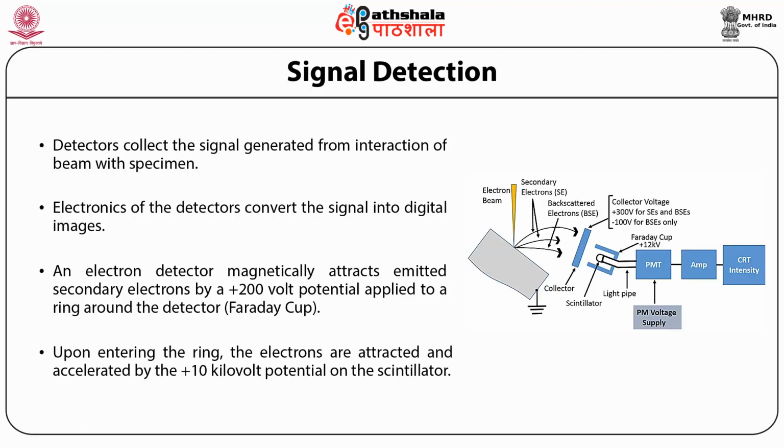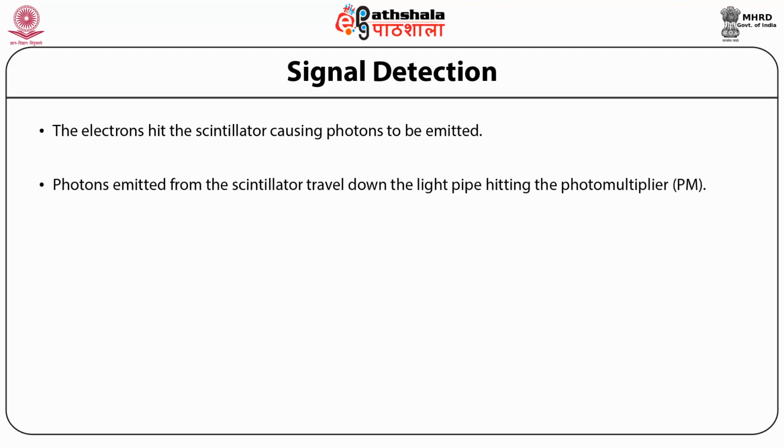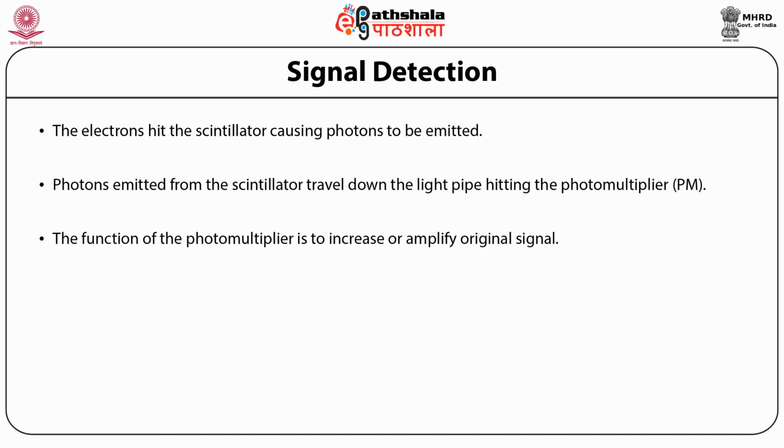Upon entering the ring, the electrons are attracted and accelerated by the 10 kilovolt potential onto the scintillator. The electrons hit the scintillator, causing photons to be emitted. Photons emitted from the scintillator travel down the light pipe, hitting the photomultiplier tube. The function of the photomultiplier tube is to amplify the original signal.